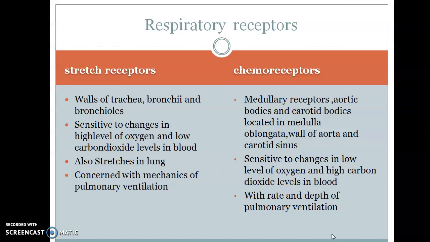While stretch receptors are sensitive to high levels of oxygen and low levels of carbon dioxide, and also to stretches in the lungs. The feedback impulses from the stretch receptors are concerned with the mechanics of pulmonary ventilation. Those from the chemoreceptors are concerned with the rate and depth of pulmonary ventilation.